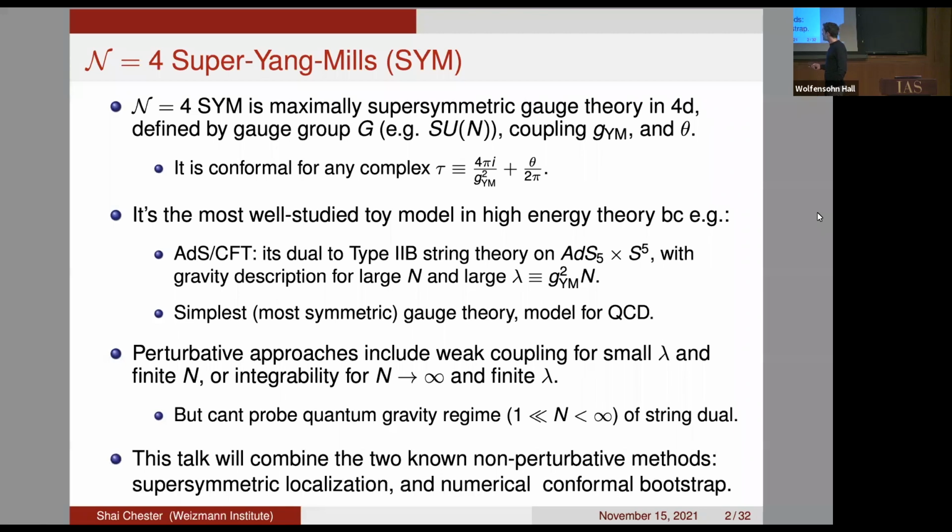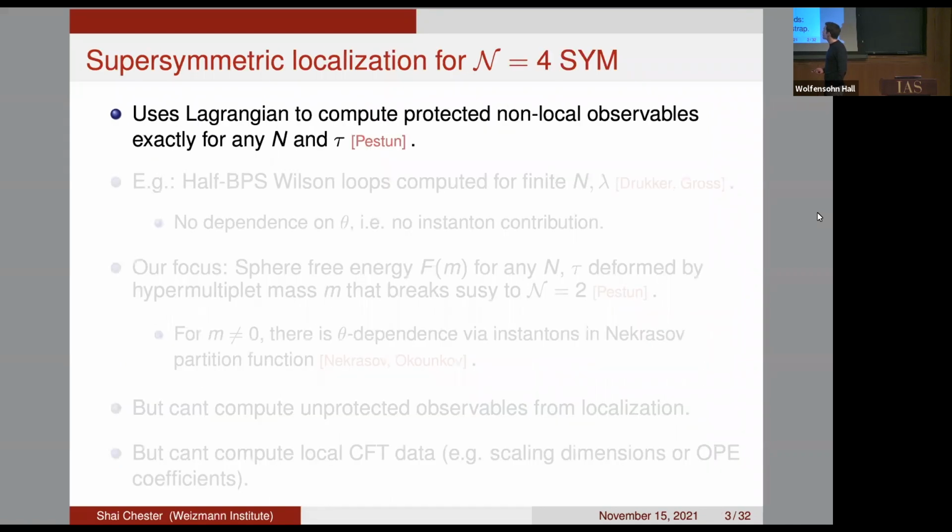So this talk, instead of these perturbative methods, will combine the two known non-perturbative methods, which are supersymmetric localization and the numerical conformal bootstrap, which I will now briefly review. Supersymmetric localization for N=4 super Yang-Mills uses the Lagrangian of the theory to compute protected non-local observables exactly for any value of N and tau, as shown originally by Chester.